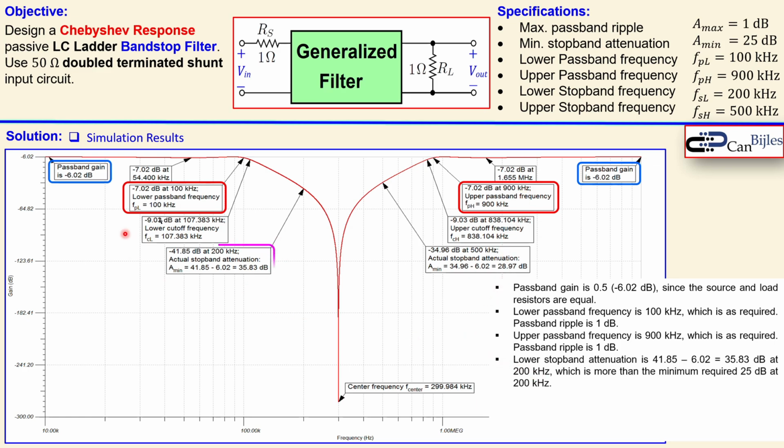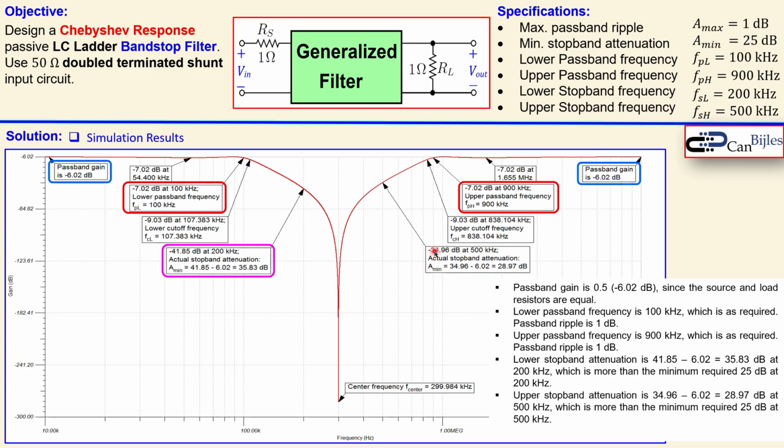The lower stop band frequency is shown here, which is going down from minus 6.02 dB all the way to minus 41.85 dB at 200 kHz. That is 35.483 dB down, which is definitely sufficient, because we need to have a 25 dB minimum.